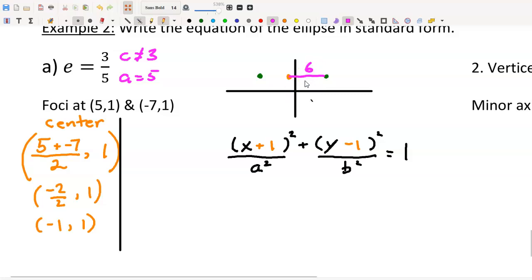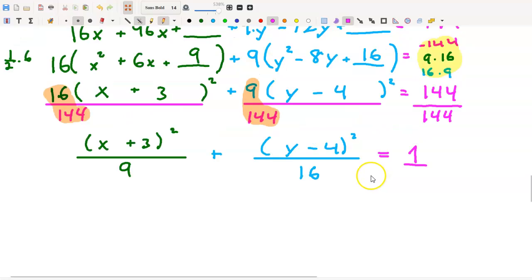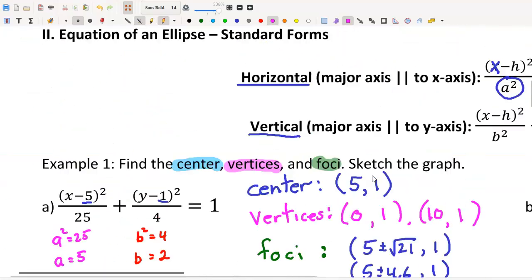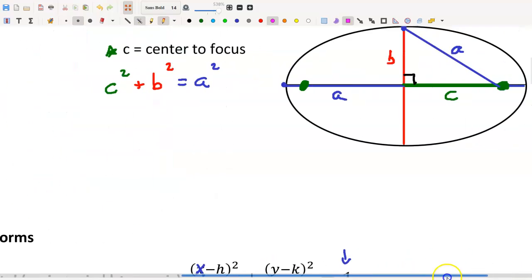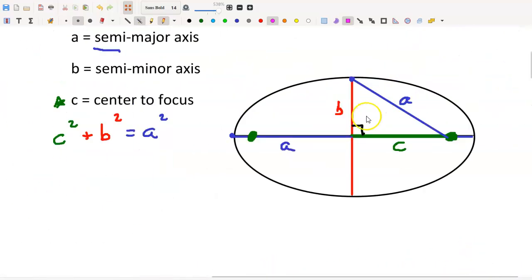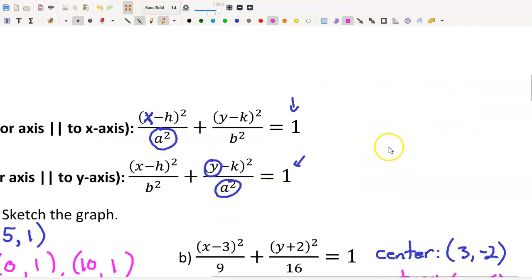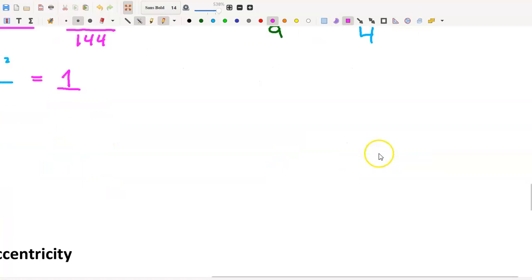And what value is that, A, B, or C? It's the distance from the center to the foci. You can always check back up at the basic notes here. The distance from center to the foci, or focal point, is C. So C is equal to 6.